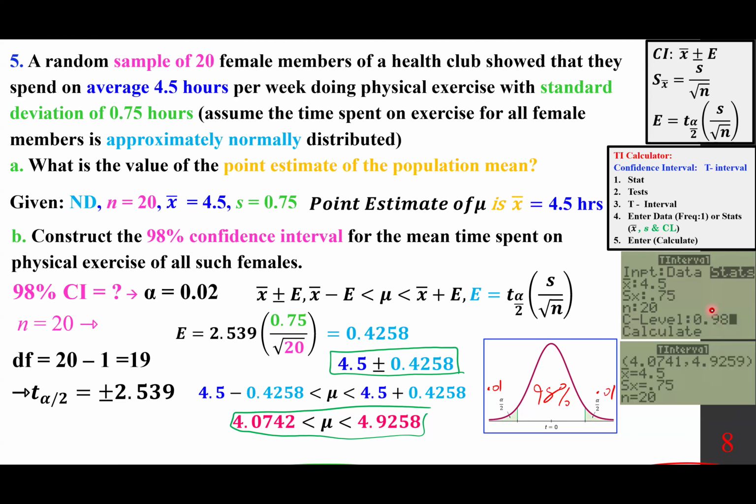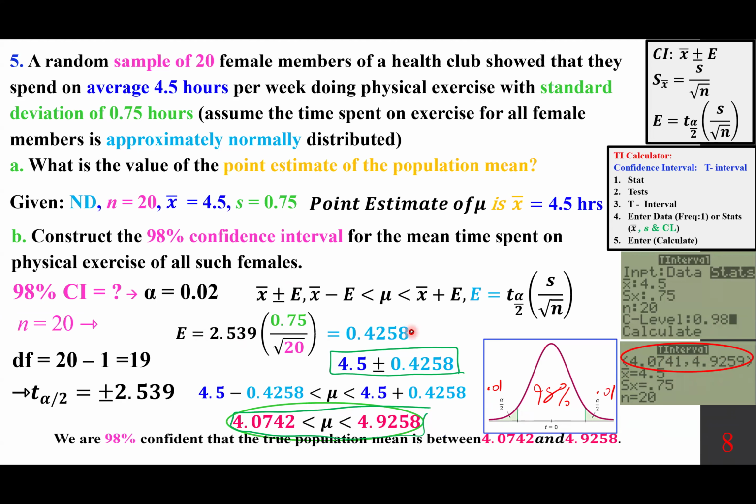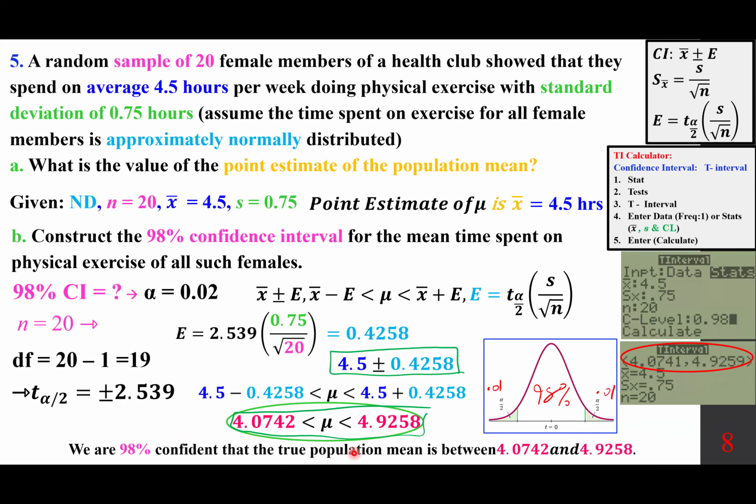When you do the calculation, you get the values you have here. Of course, this is slightly different because they use a much more precise answer when they calculate this. Having said that, it means we are 98% confident that the true population mean is somewhere between the two numbers, 4.0742 and 4.9258.